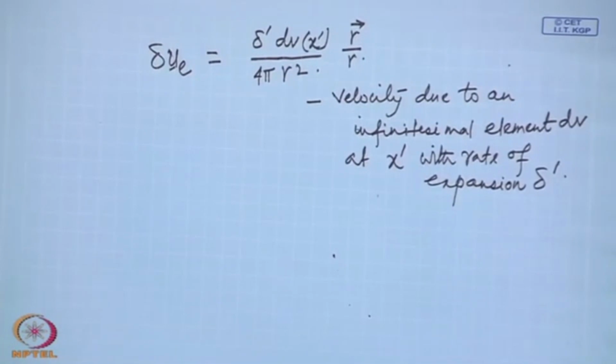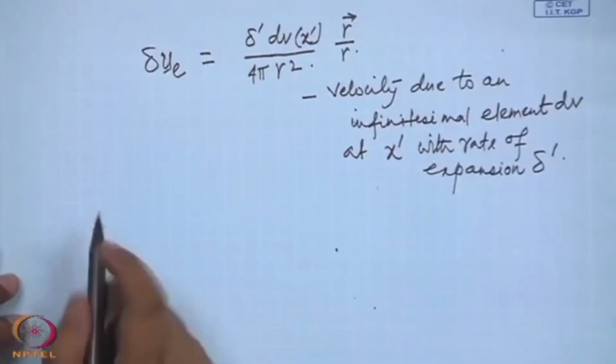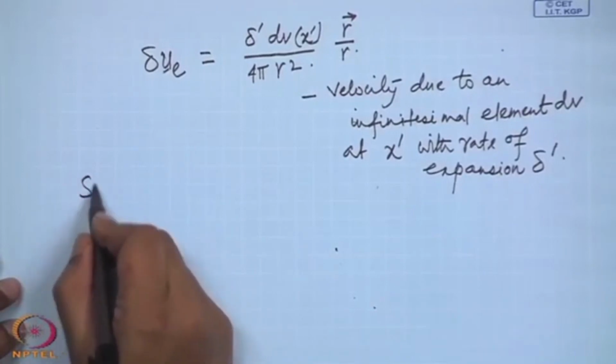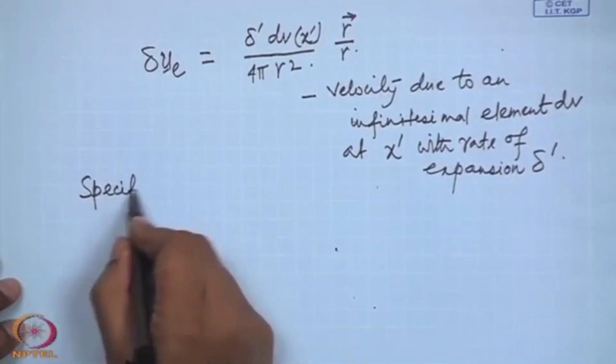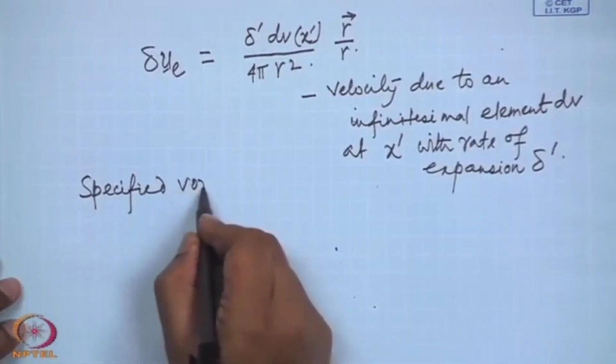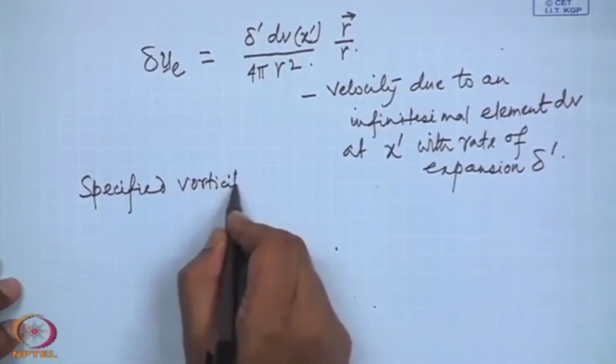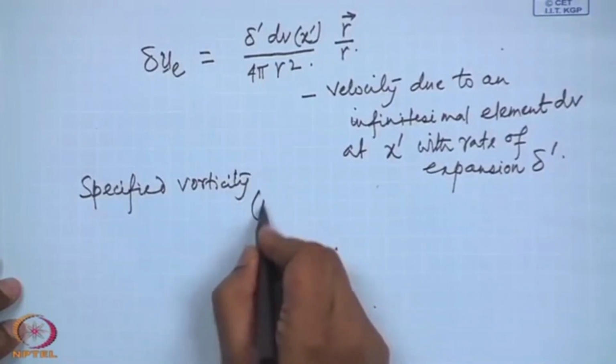Now, let us see what the velocity field will be if the rate of vorticity is specified, and once again we will consider that the vorticity is specified such that the expansion is 0. The velocity field is such that it has the specified vorticity, but no expansion.